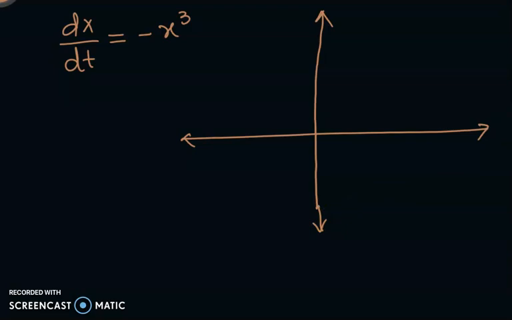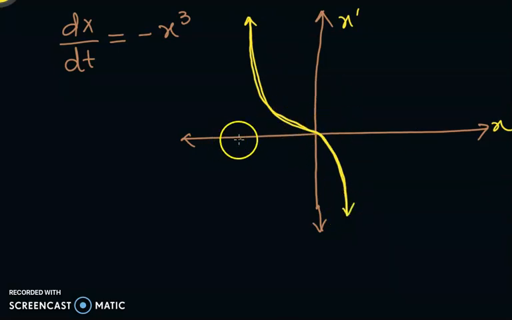You know that this is x prime and this is x, and the plot looks like this, something like that. Forget about my crazy drawing. So when x is less than 0, x prime is positive, so flow should be rightward, and for x greater than 0, x prime is negative, so flow should be leftward.